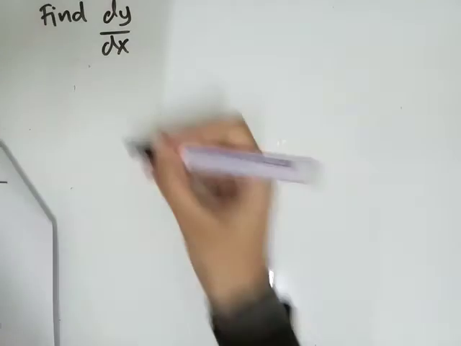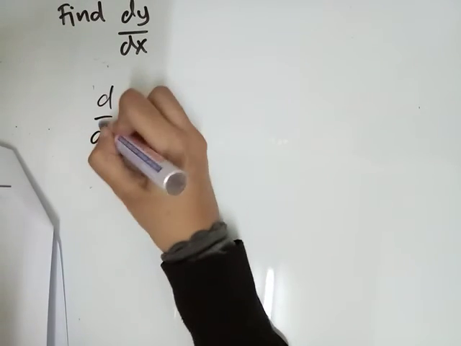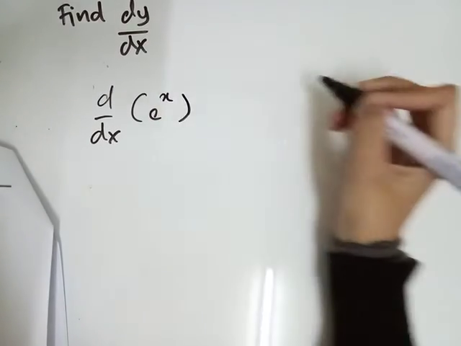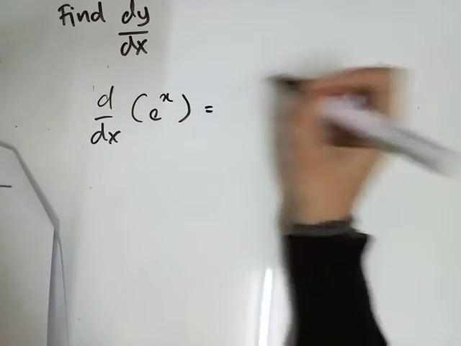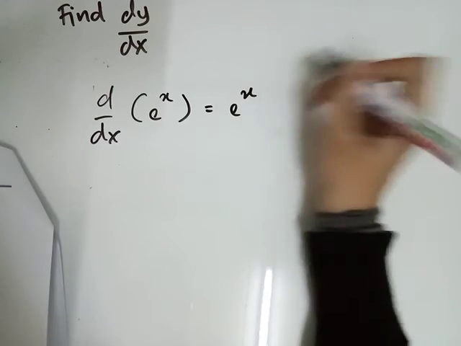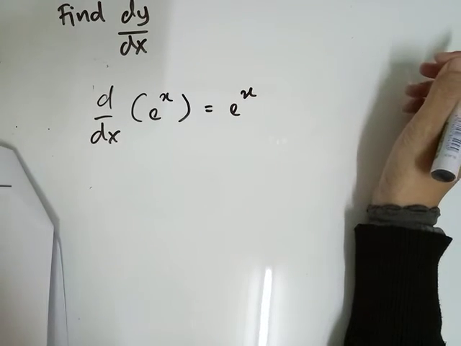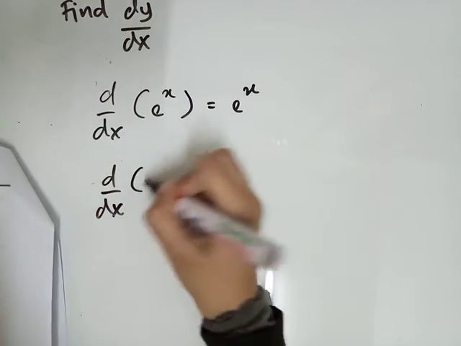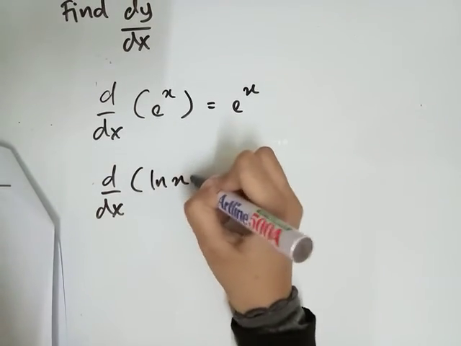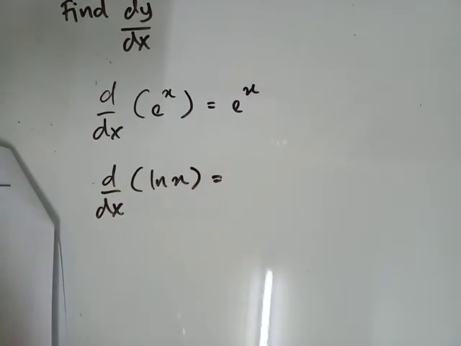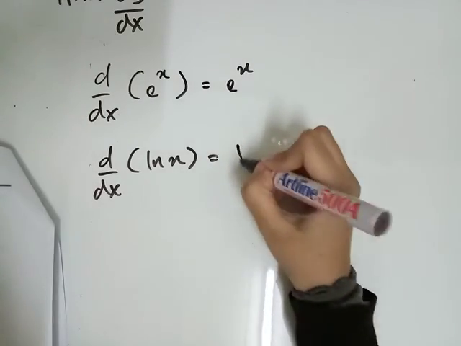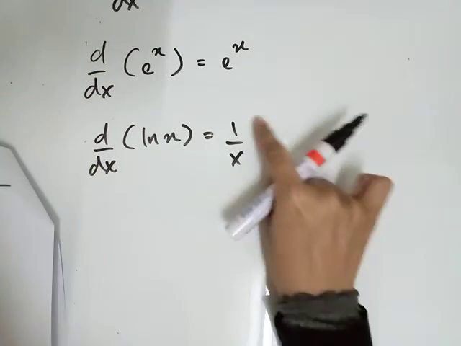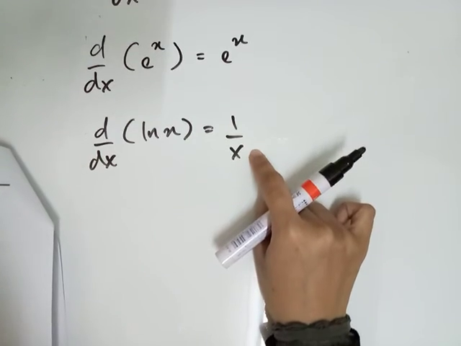That means when you differentiate exponent x, it will give us exponent x also. When you differentiate d dx ln x, it will give us 1 over x.